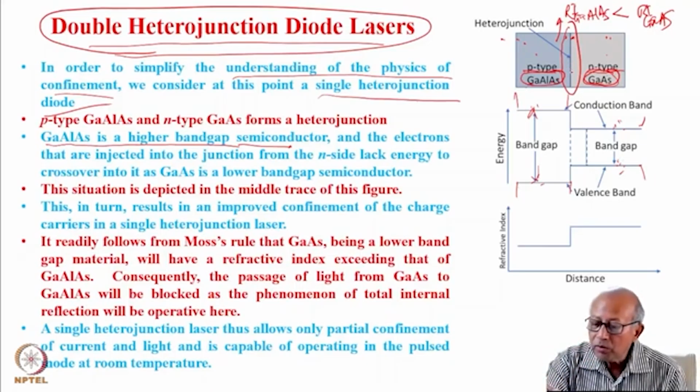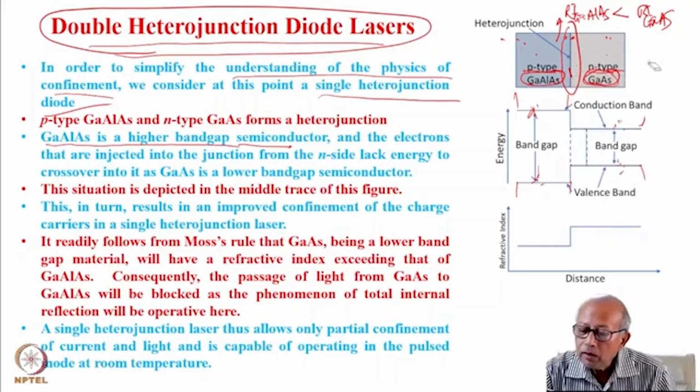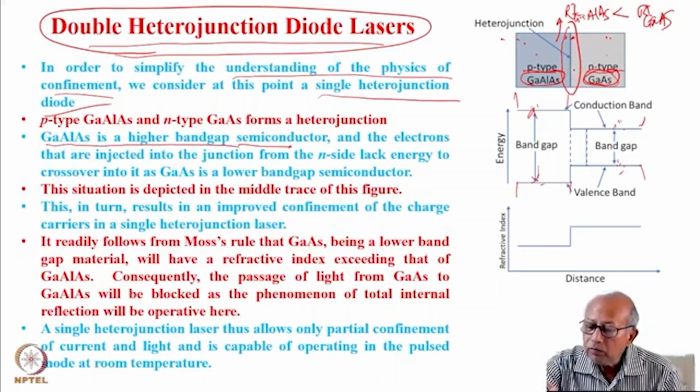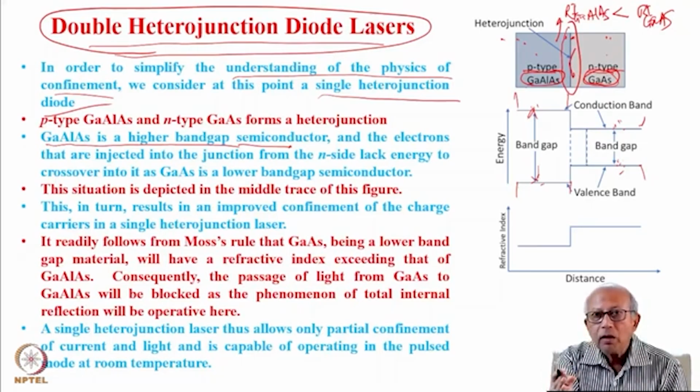If the light is produced just in the vicinity of this junction on this side, then when light travels from the denser medium, that is from this side to this side, it can undergo total internal reflection. So the light will be blocked by this interface from this side.